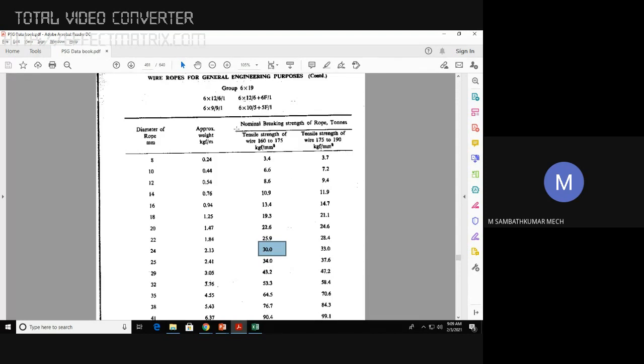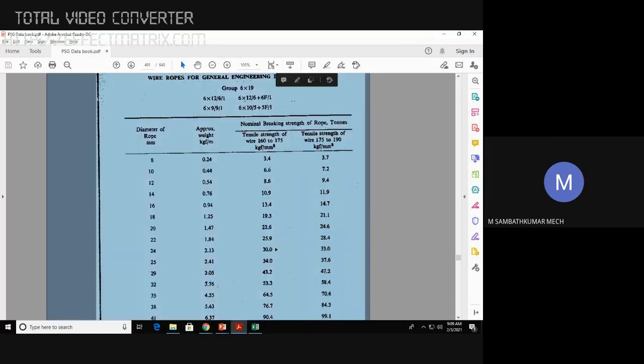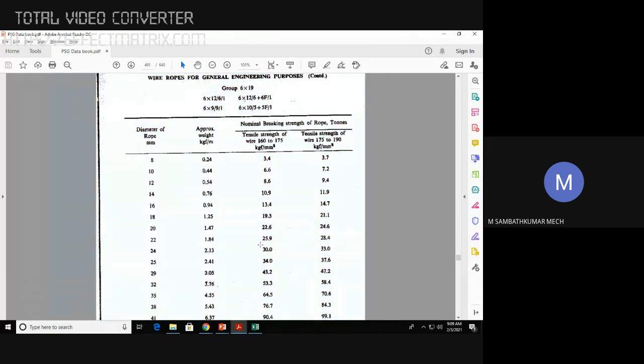The tensile strength condition is not given, so you can choose any one column, but the value should be more than 30. Above 30, here in the first column 34 is there, in the second column 33 is there. You can choose any one.